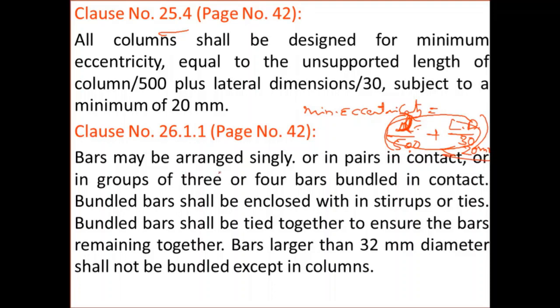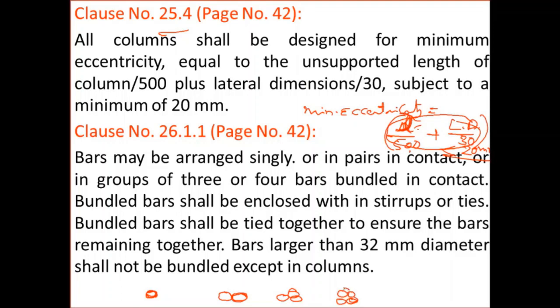Then the next clause is related to bar bundling. Sometimes in the field, whatever bar diameter is available is not sufficient. In that case, we bundle the bars like this, or we bundle 3 bars, or we can bundle 4 bars like this. This is called bar bundling.